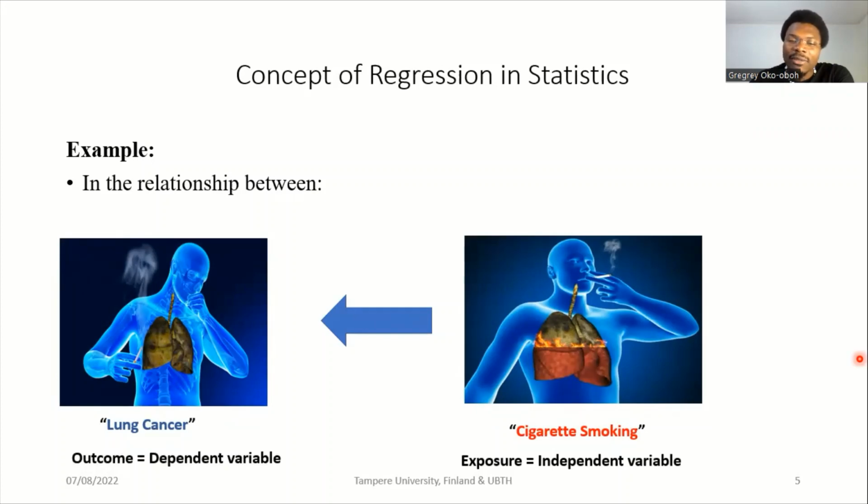Given that an individual smokes cigarettes, then the chances that that same individual will develop lung cancer is higher. So here, being exposed to cigarette smoking is a determinant of lung cancer. And throughout the regression process and modeling, it's always important that we are able to identify what the dependent variable is and what the independent variable is or are, because it can be one or more.